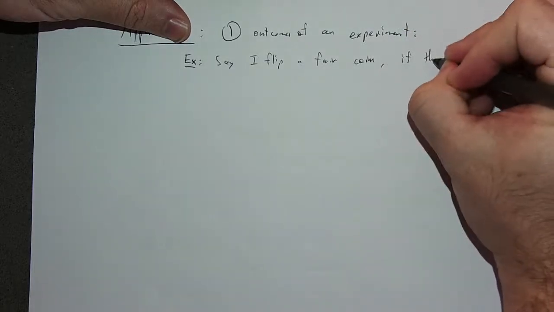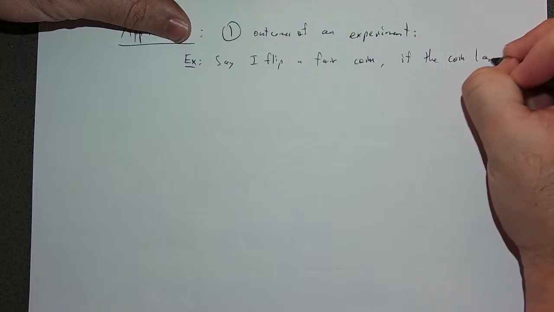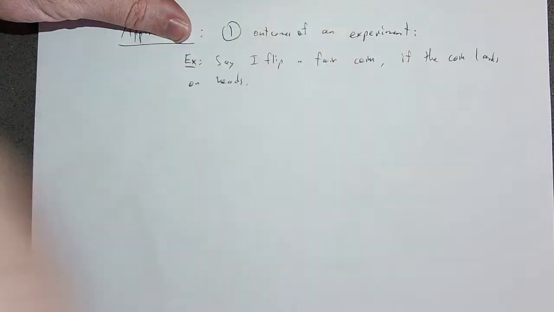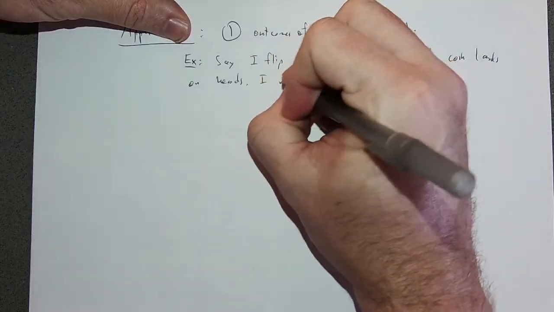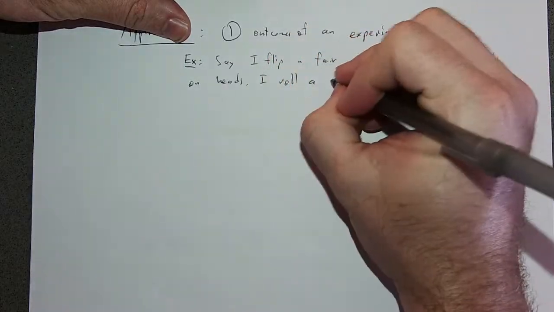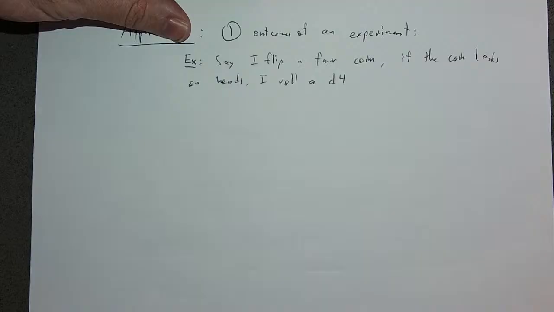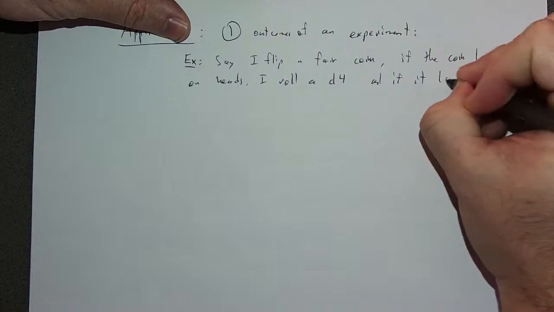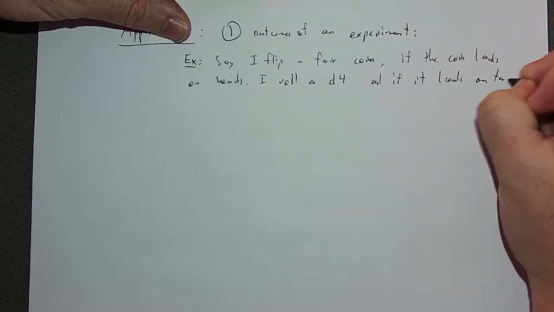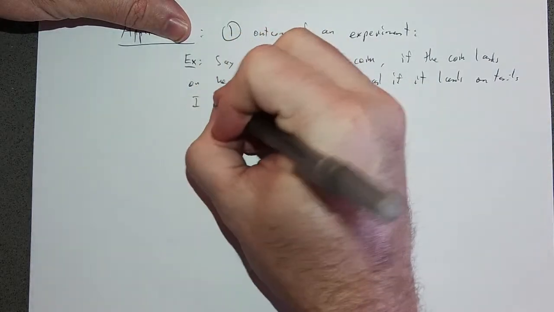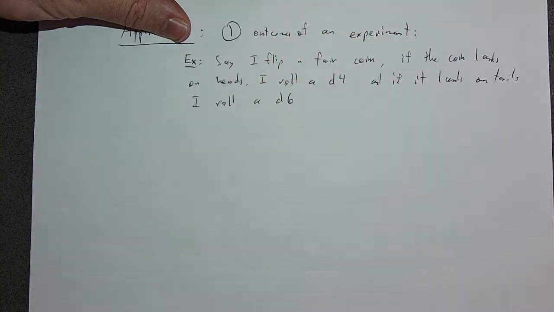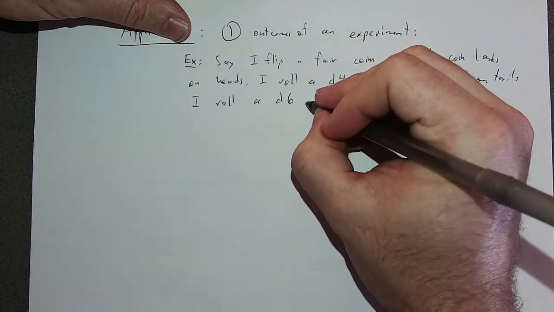If the coin lands on heads, I roll a d4, a four-sided die. And if it lands on tails, I roll a d6. I record the result in either case.